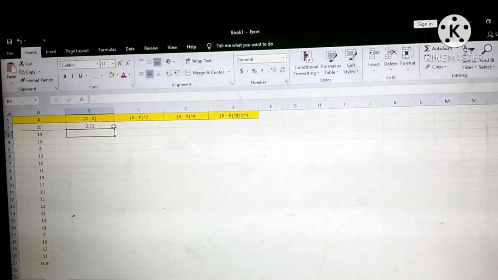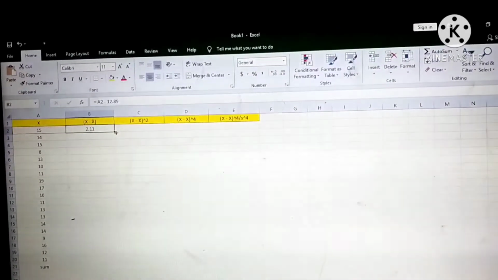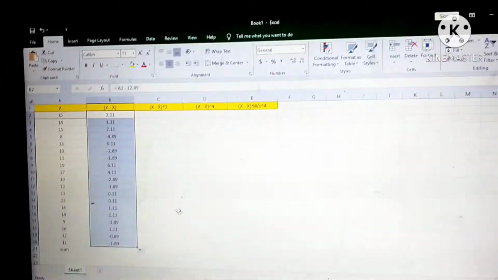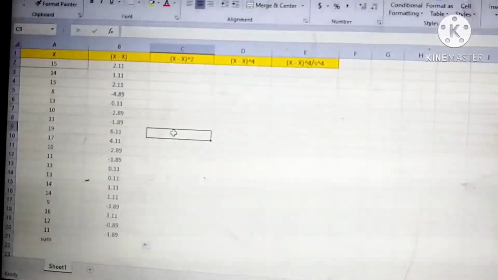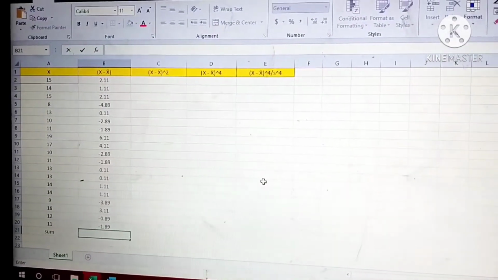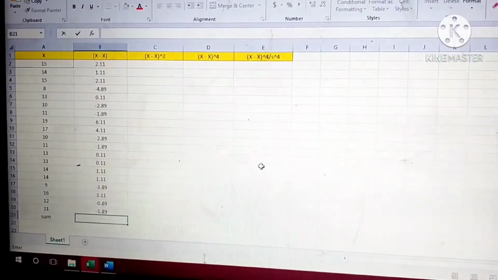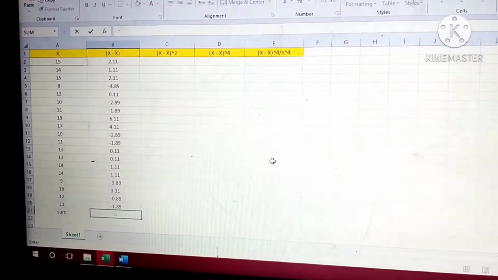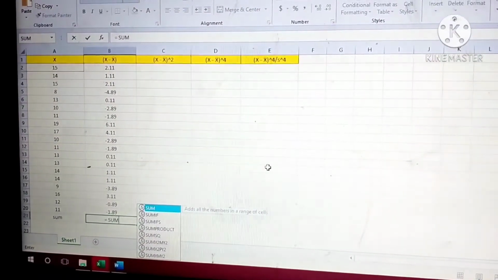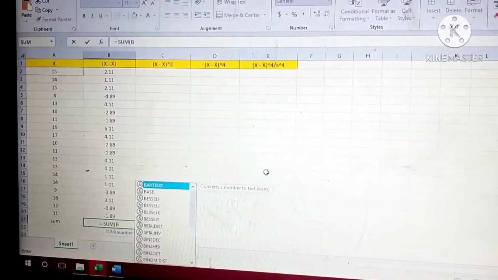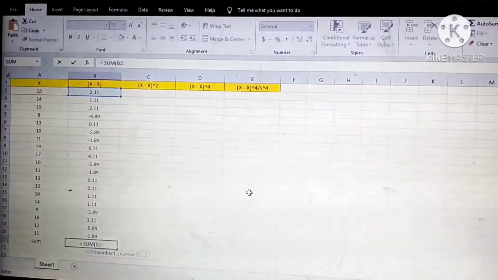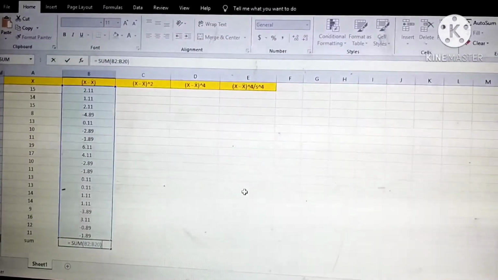Then drag it onto the last row to automatically find the values. And that's the value. In order to find the summation of X minus the mean, we are going to use the formula equals SUM of B2 up to B20, then press enter.